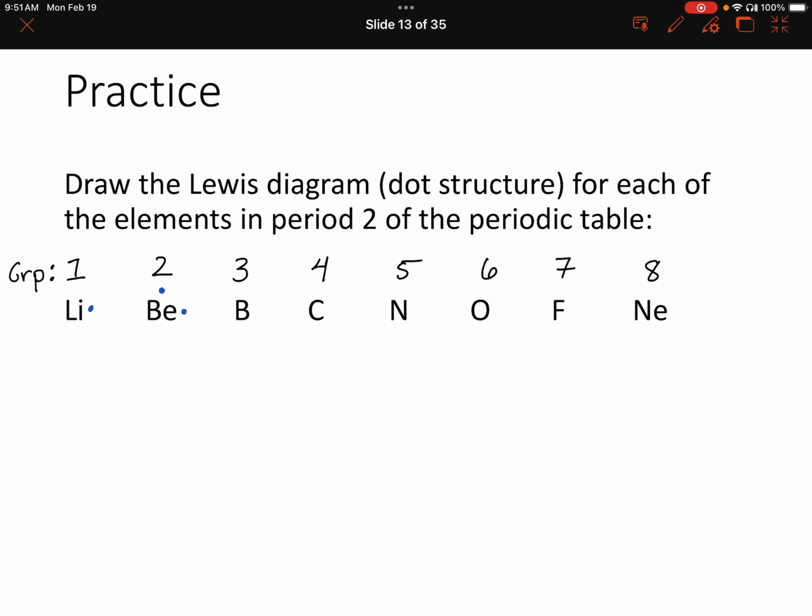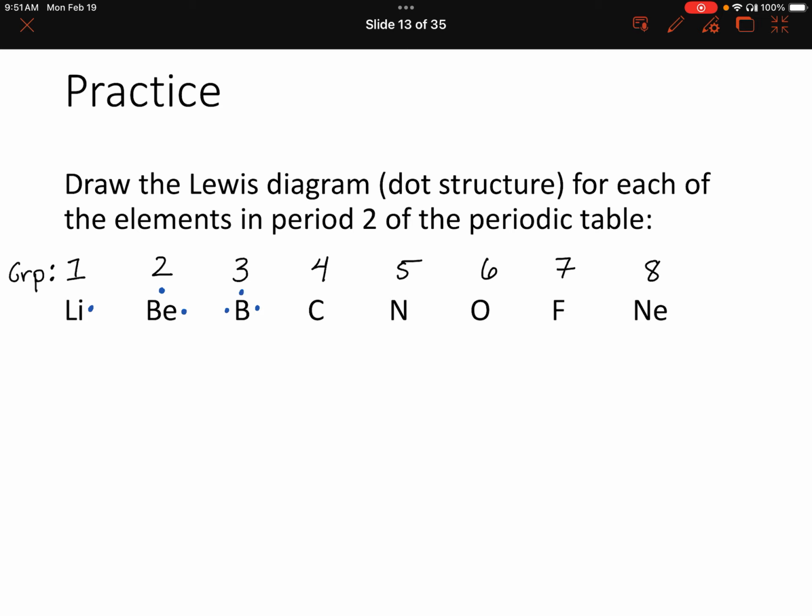Boron has 3, so we'll do 1, 2, 3. And again, those 3 dots are on different sides. And part of the reason why we're doing that is to show how many bonds the atom can make. So boron, for example, can make 3 bonds.